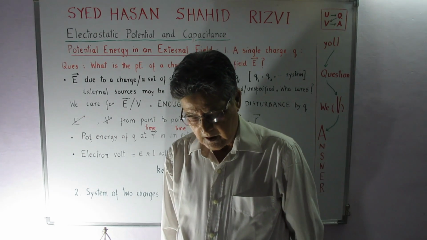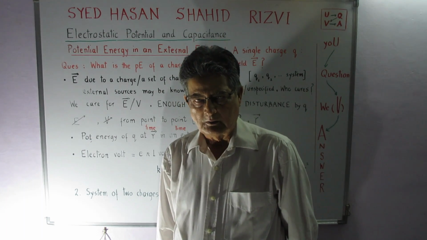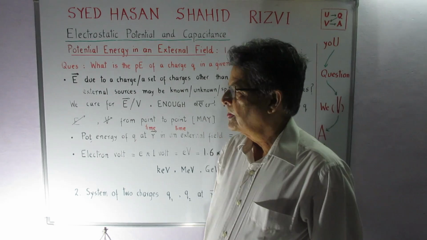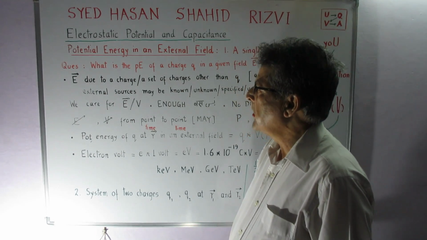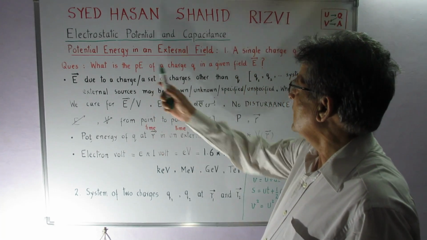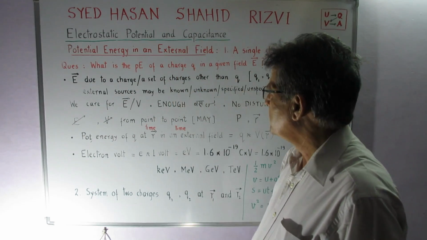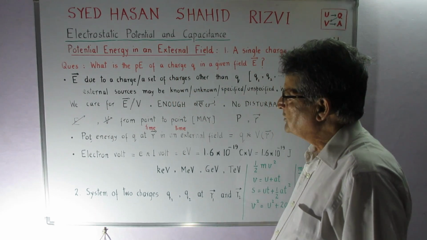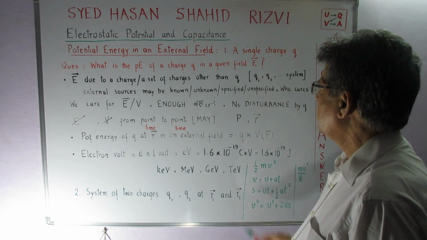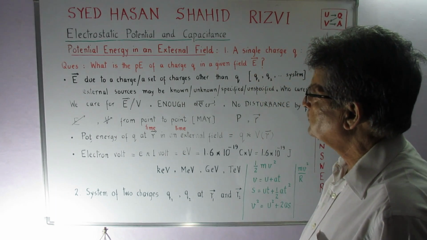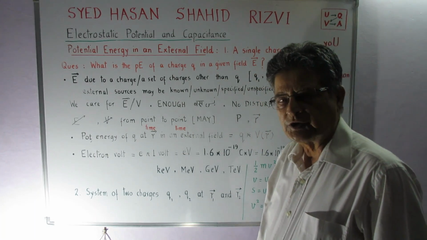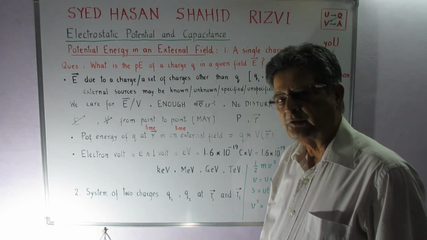Today, in continuation of what we have done in the other lectures, I will talk about the potential energy in an external field. First of all, I will take the case of a single charge Q, which is put in an external electric field.